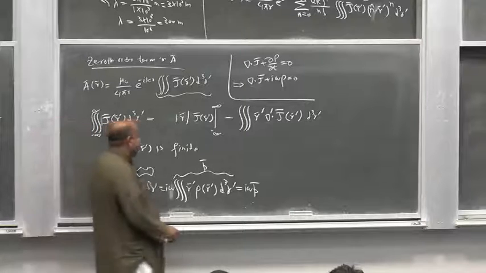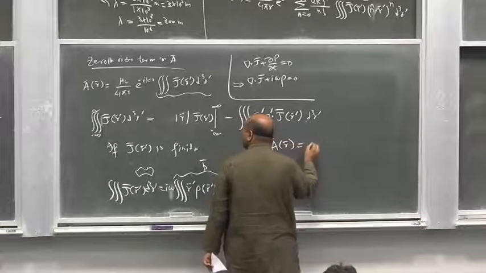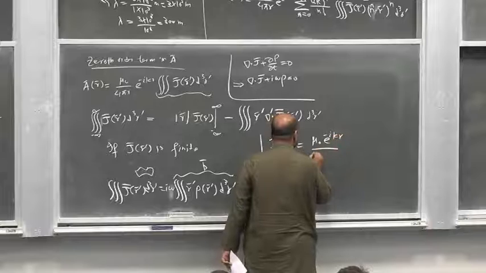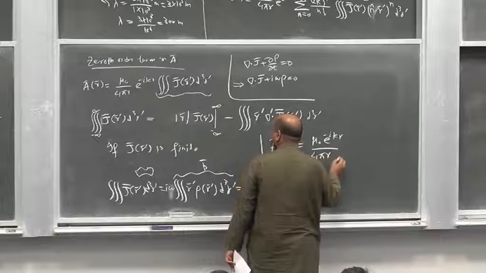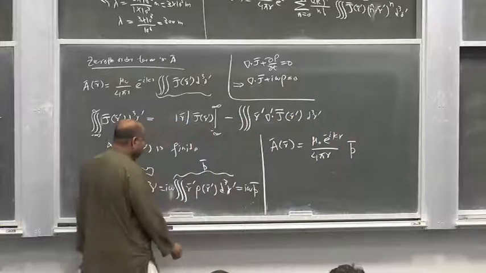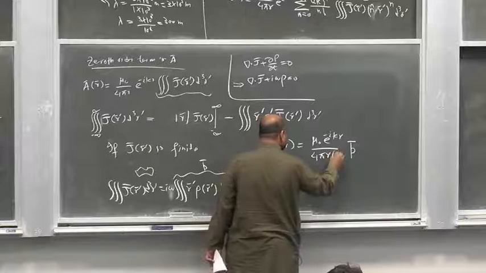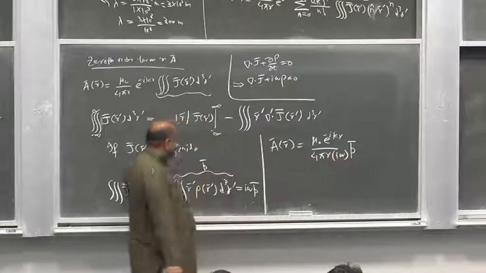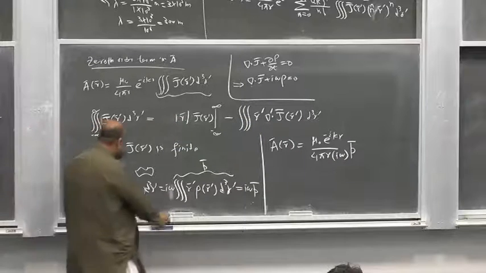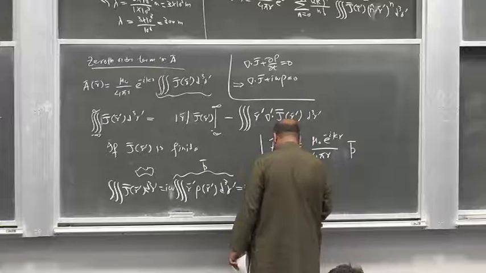So A of r becomes mu naught e to the power minus iota k r over 4 pi r, with iota omega as well in the expression.